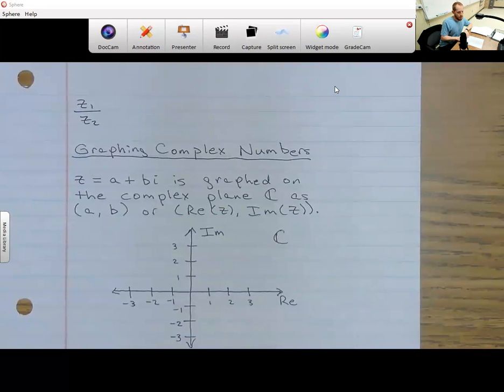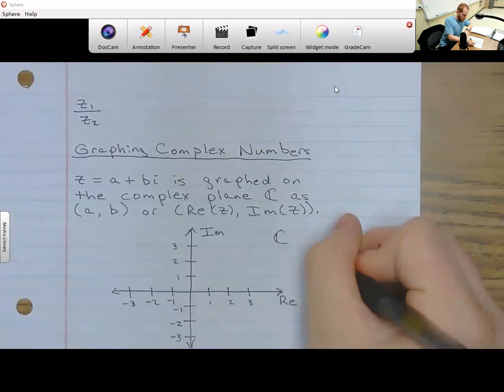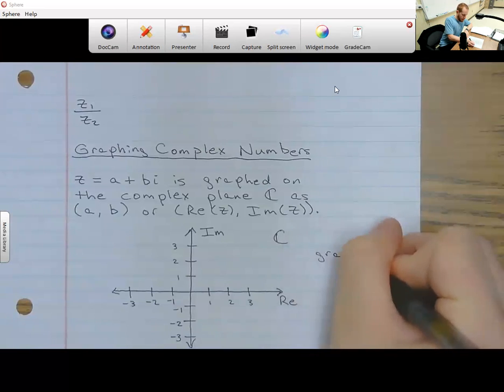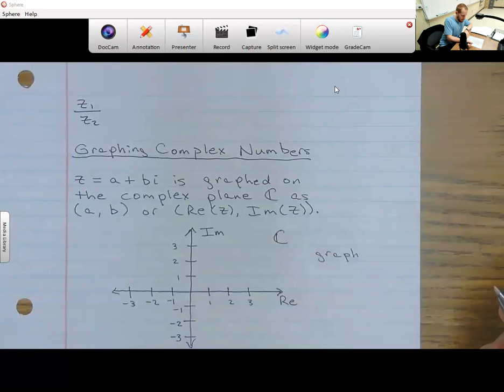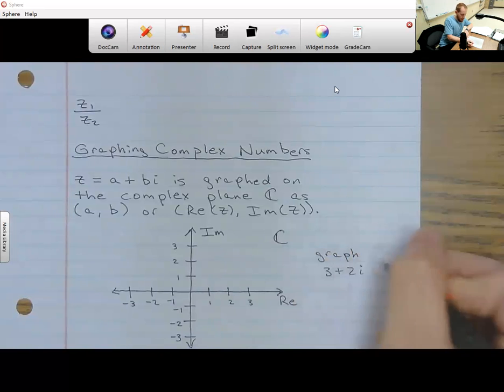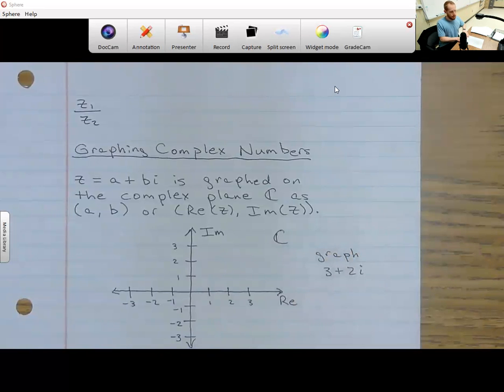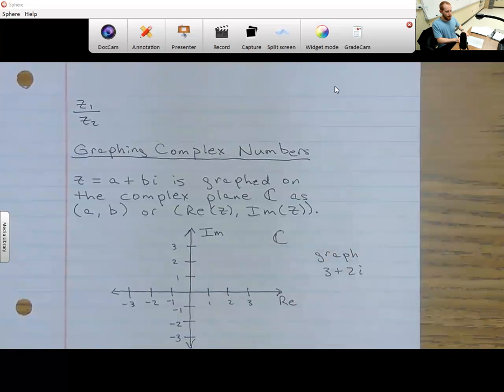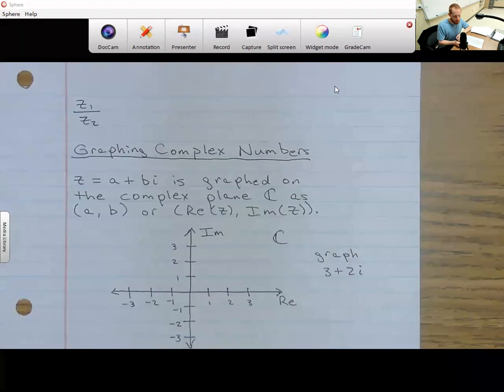Okay? So let's say we want to graph the complex number 3 plus 2i. I want to graph 3 plus 2i. Okay, so how is this going to work? Well, every complex number has a real part, and every complex number has an imaginary part. Here, what would the real part be?